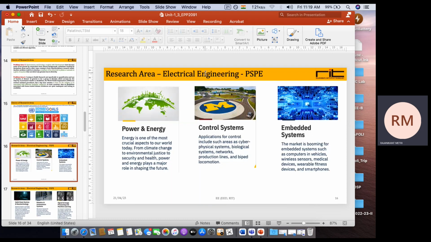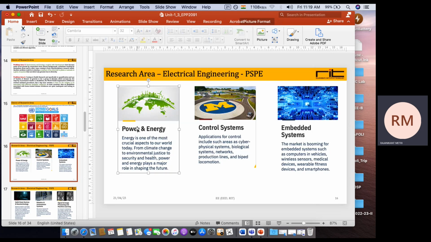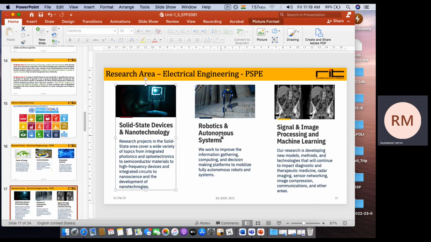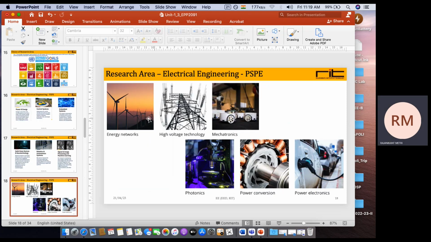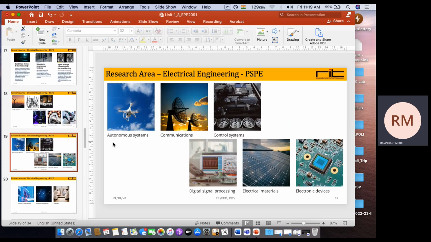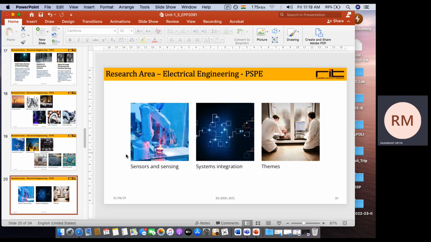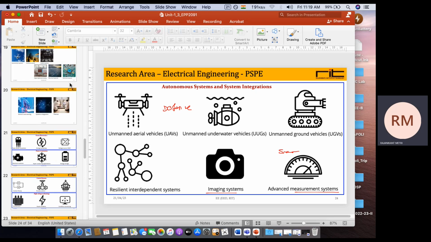And afterwards, we saw the major areas in electrical engineering like power and energy, control systems, embedded systems, solid state devices, robotics, signal processing, and energy networks, high voltages, power conversion, power electronics, then autonomous systems, DSPs, materials, and sensor technology integrations. So these are some subfields again.